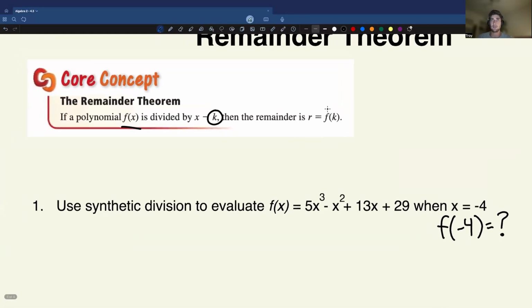So let's look up here. We have the remainder equals f of k. Okay, cool. So we're looking for f of negative 4, so our k value is negative 4. And if we look at what this definition is telling us earlier, if you take that same function and divide it by x minus k, whatever that remainder is is going to tell you f of -4.